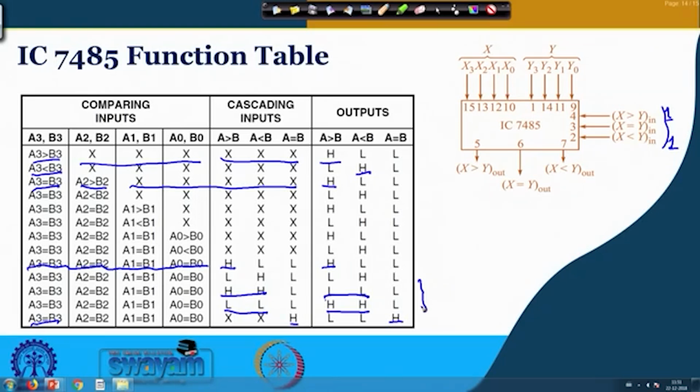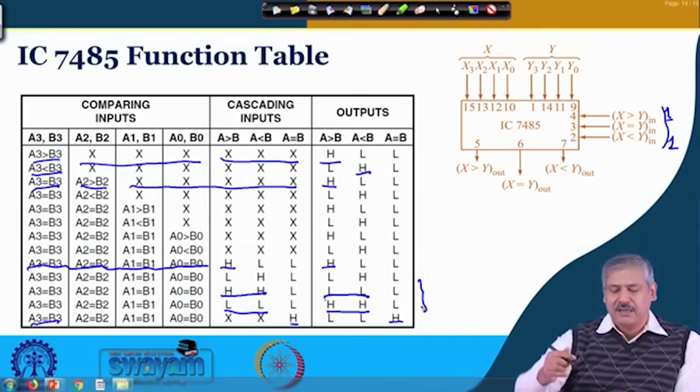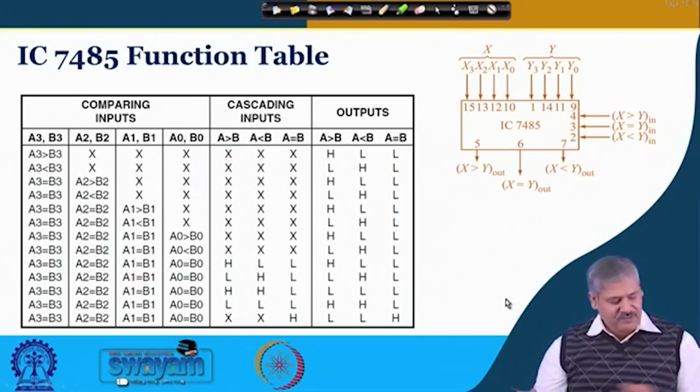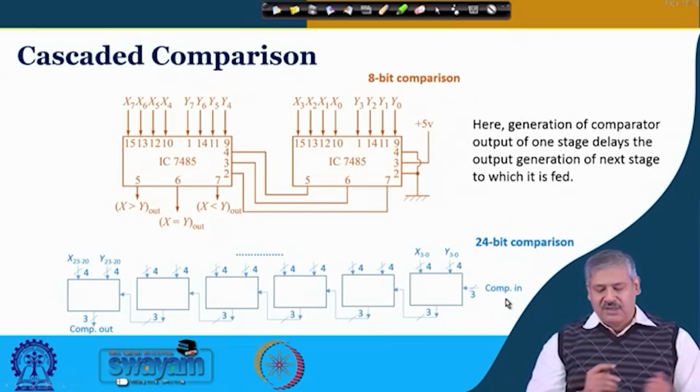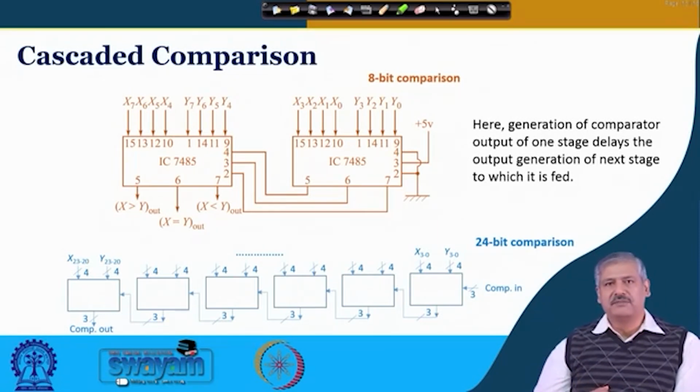The comparator circuit can be used for larger number of bit comparison, and that part we shall take up in subsequent slides. As I said, it can be used for comparing more number of bits because of the option available as input.